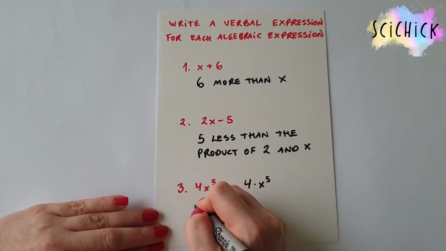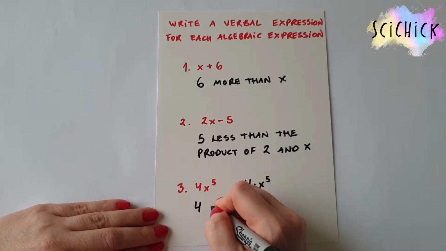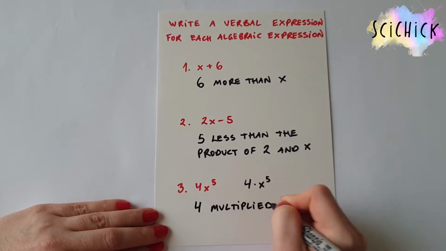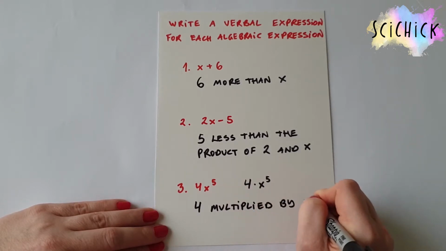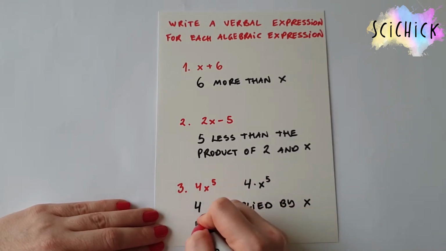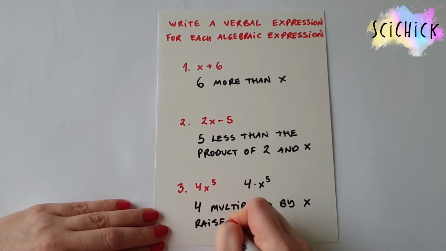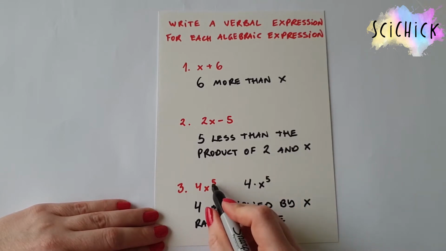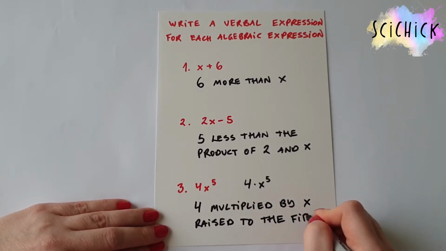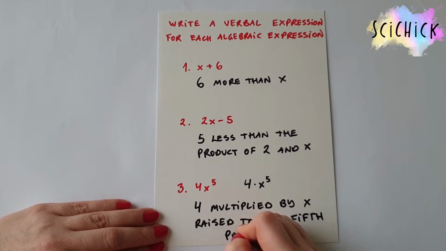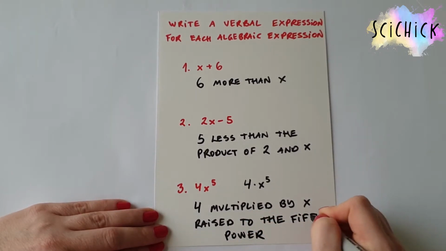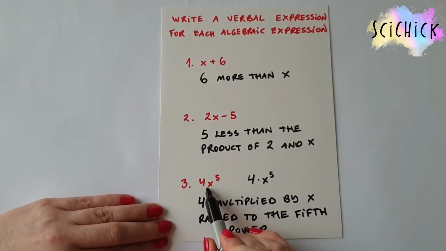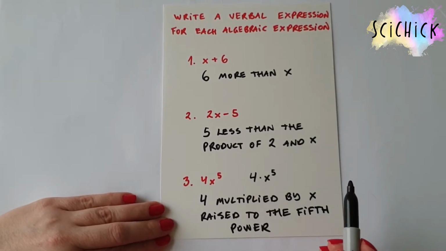So for this one, we're going to write 4 multiplied by x, raised to the 5th power. So 4 multiplied by x raised to the 5th power.